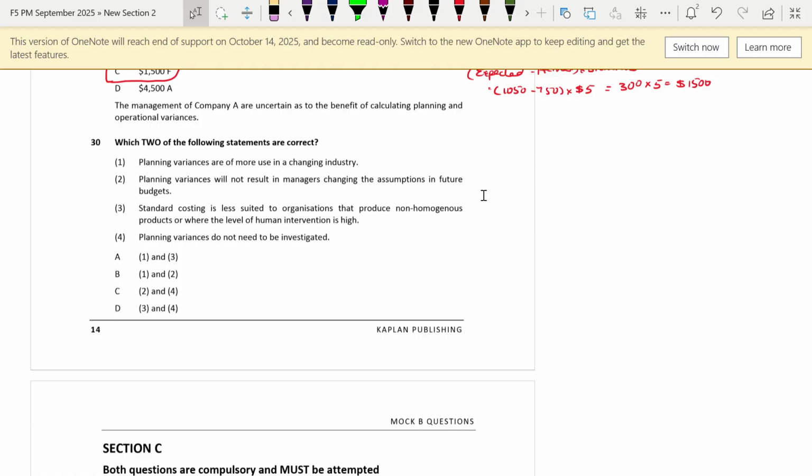Planning variances are of more use in a changing industry. Planning variances will not result in managers changing the assumptions in future budgets. Standard costing is less suited to organizations that produce non-homogeneous, not similar, products.